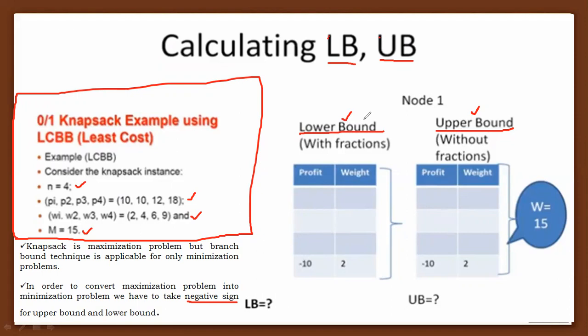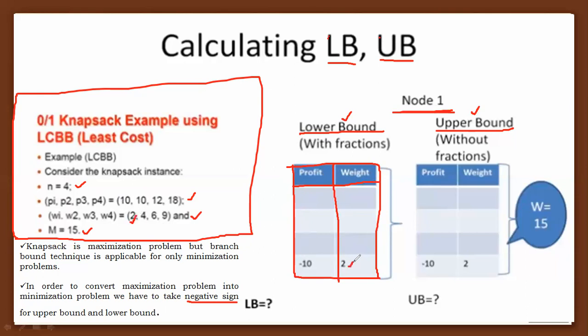If you consider the first node, we need to calculate the lower bound and upper bound of the given problem here. If I want to place the first element, what is the weight? The weight is 2.